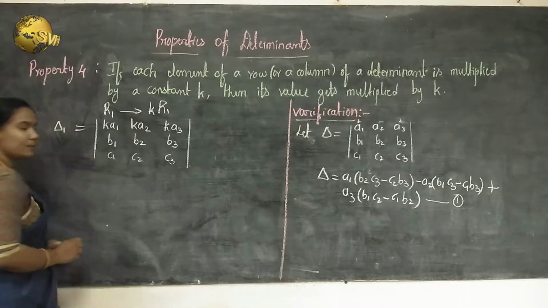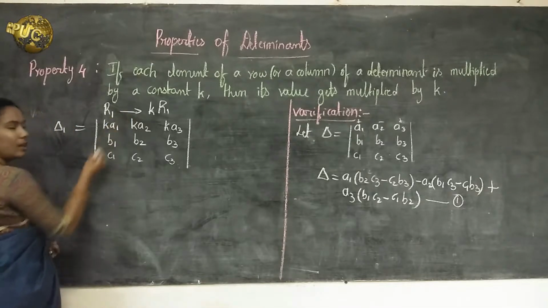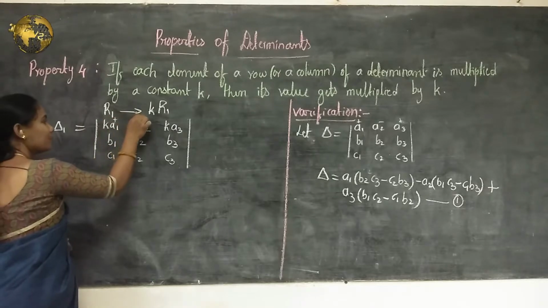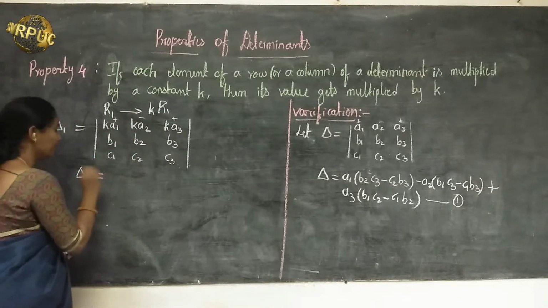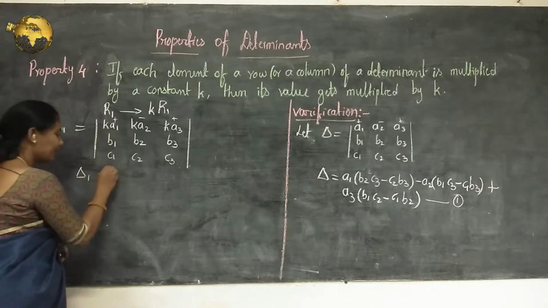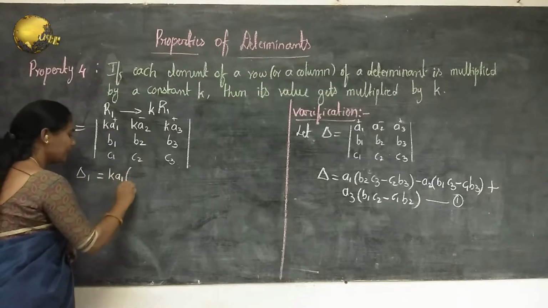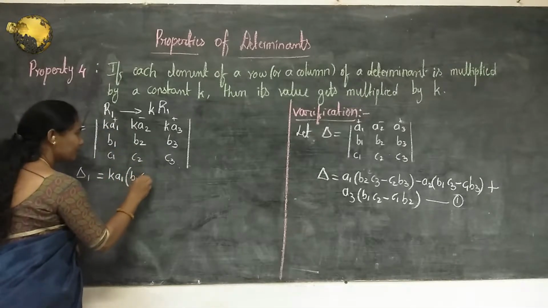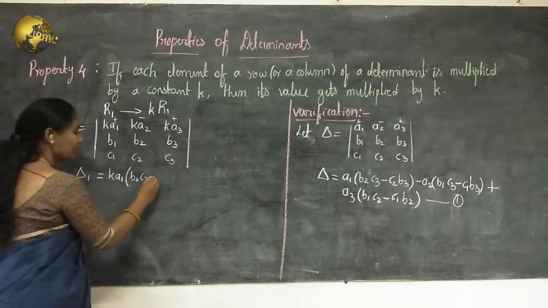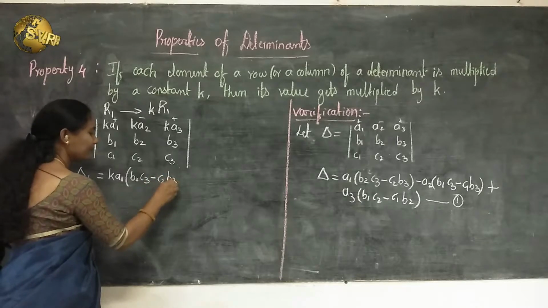Now I'll expand this along the first row, with plus minus plus signs. So delta 1 is equal to k into a1 into b2 c3 minus c2 b3.